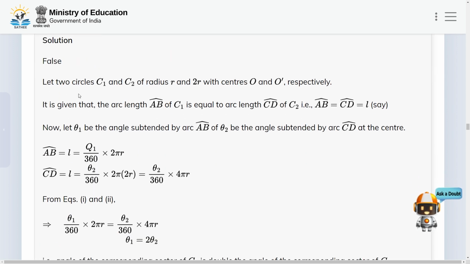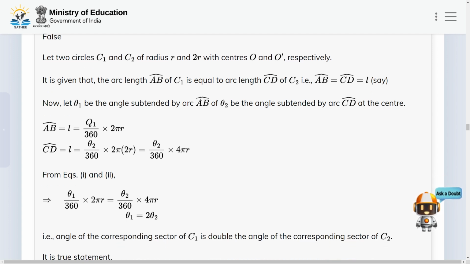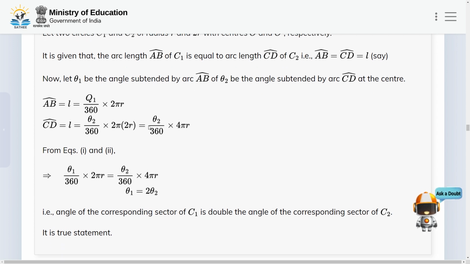First of all, let two circles C1 and C2 have radii r and 2r with centers O and O dash respectively. It is given that the arc length AB of C1 is equal to the arc length CD of C2, that is AB = CD = L. Now let theta 1 be the angle subtended by arc AB and theta 2 the angle subtended by arc CD at the center.